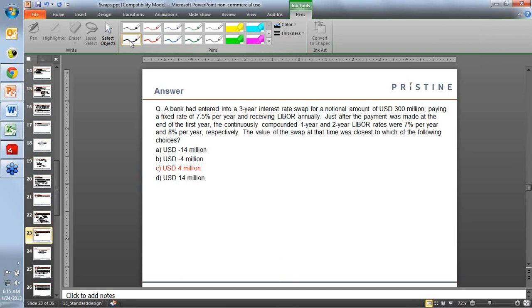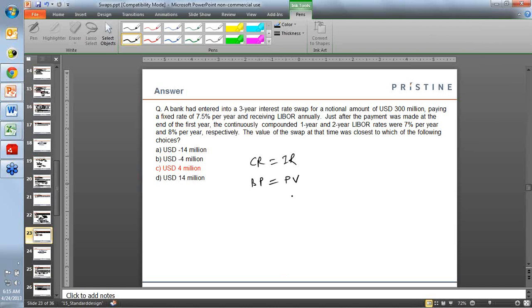So what happens in case of floating rate payments is, if you recall what we know from bonds, whenever the coupon rate is equal to the prevalent interest rate, the bond price will be equal to the par value.